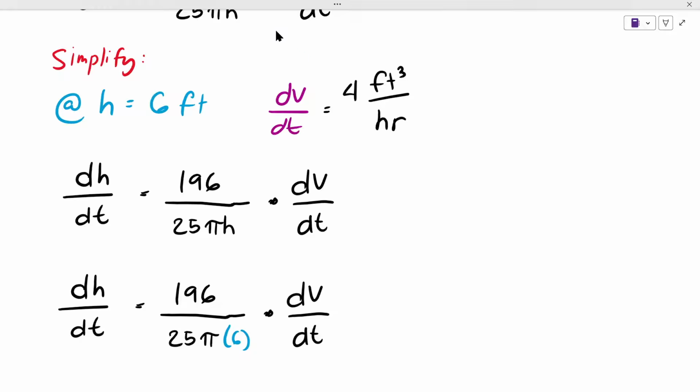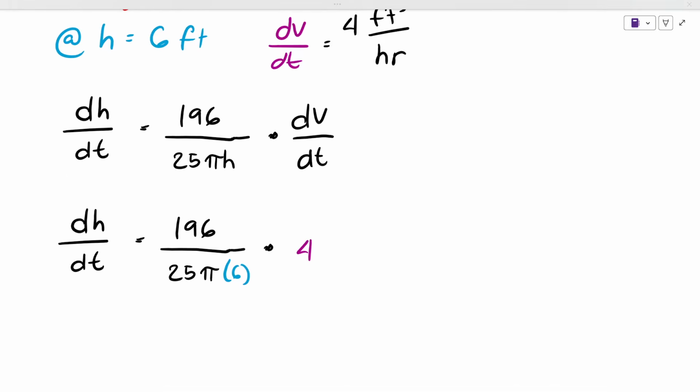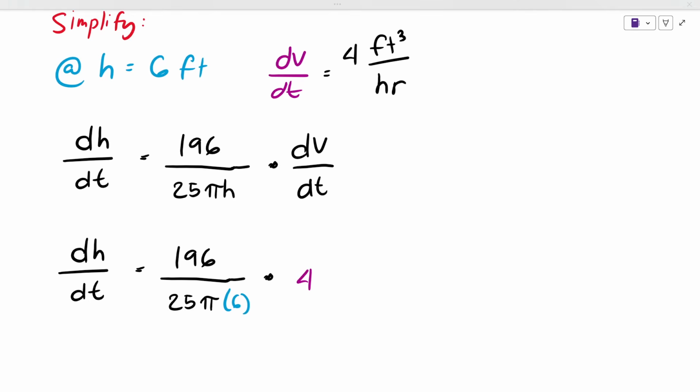By the way, actually it should be negative 4.